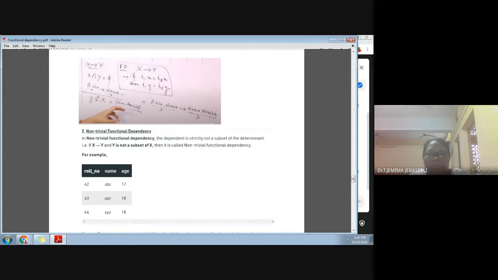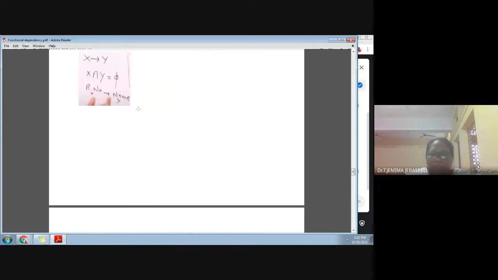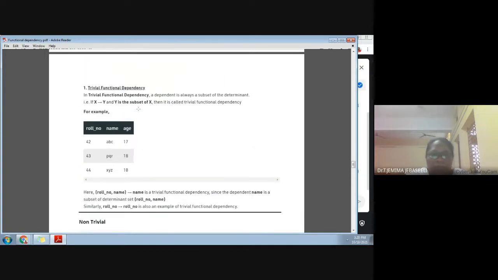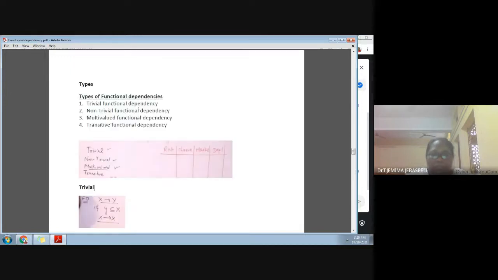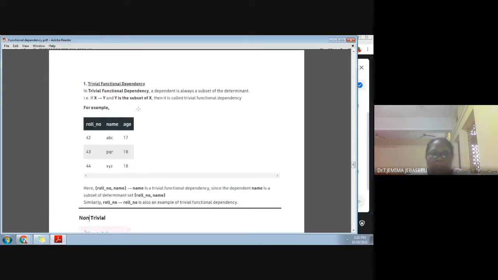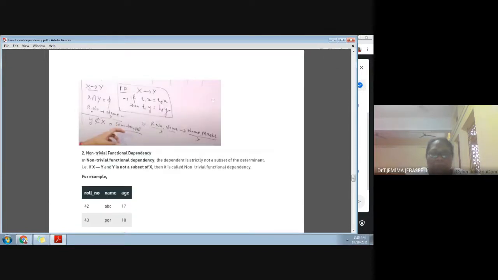Some of the data is partially matched. So the second one is also called semi-trivial. Non-trivial may sometimes contain some semi-trivial functional dependency relationship among the components.